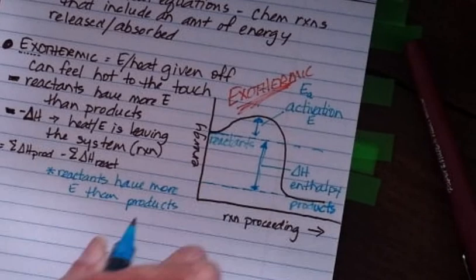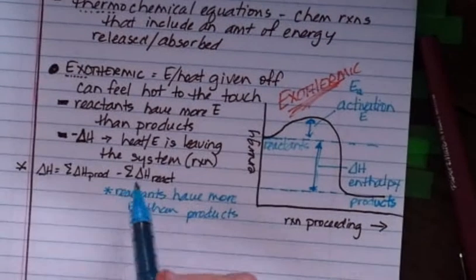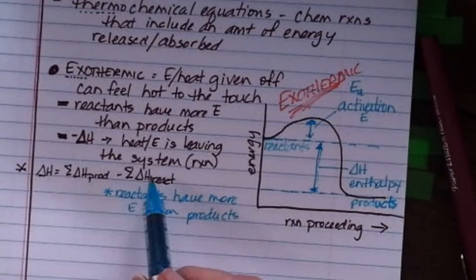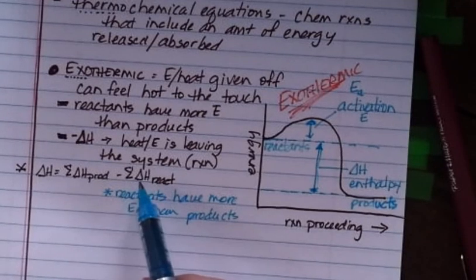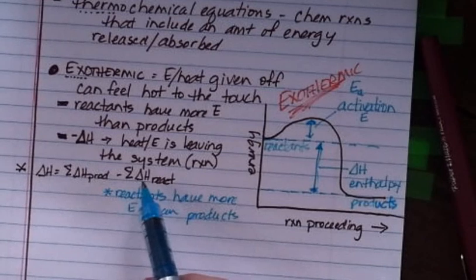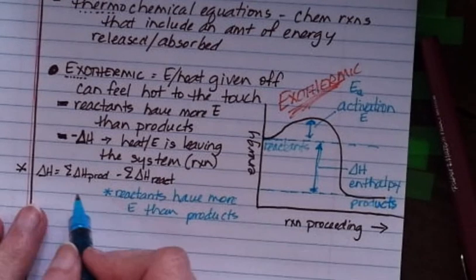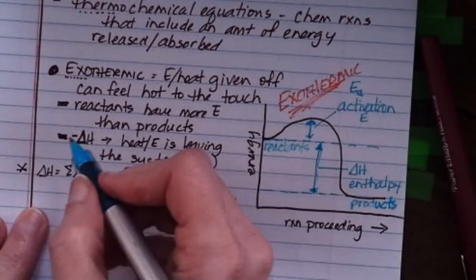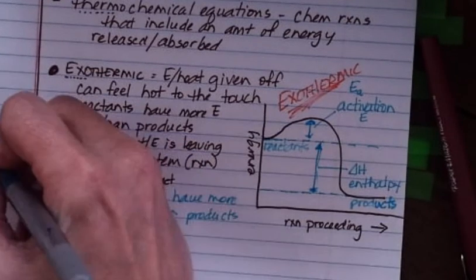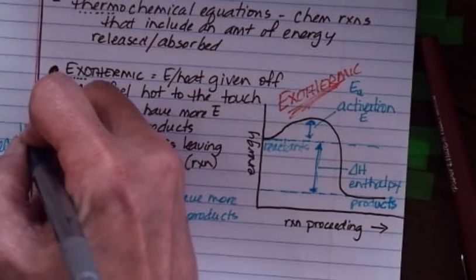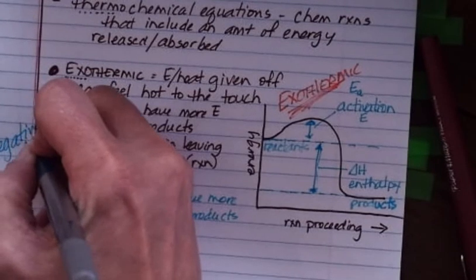And when I go back up to this little equation right here, if this number is greater, it's like 10 minus 12 is going to be a negative number, right? 10 minus 12 is negative 2. What that means is when you have an exothermic reaction, the enthalpy is negative. Negative delta H. Negative energy.